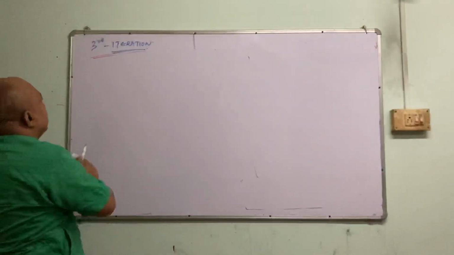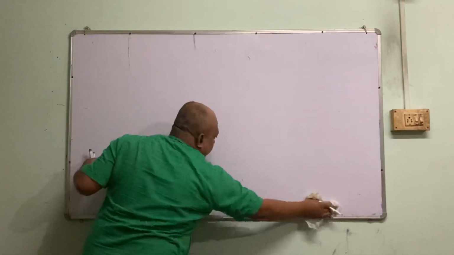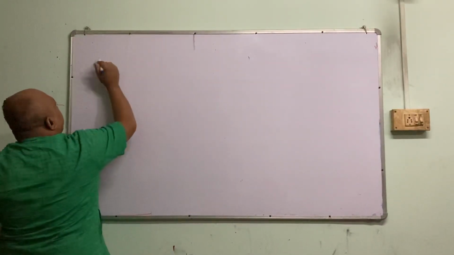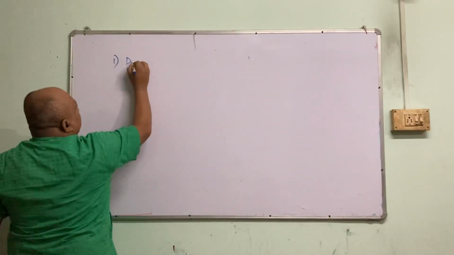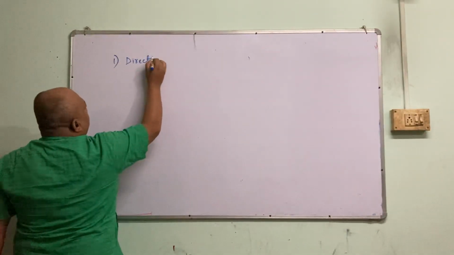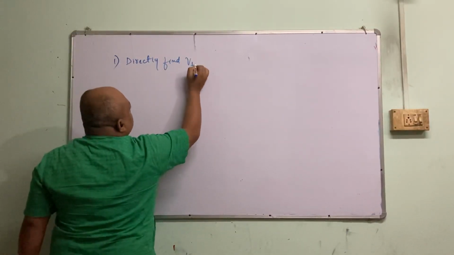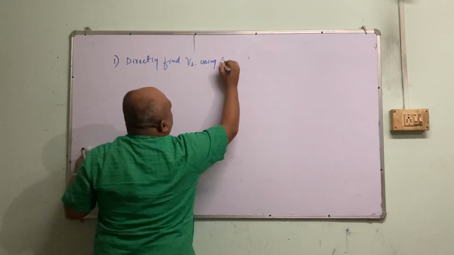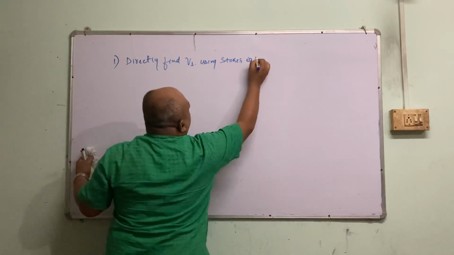Now, summarizing, let me tell you one thing. Number one: first, directly find the settling velocity using Stokes law or Stokes equation.